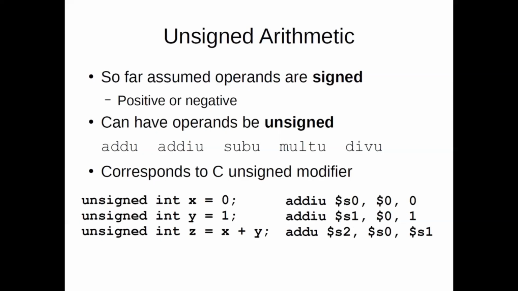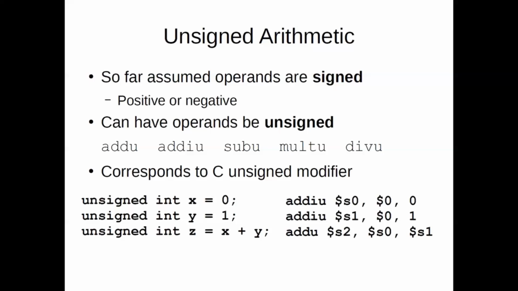In a C program, the unsigned modifier is used on a variable to declare that variable as having no sign, that is, being positive. So an integer type can be declared with unsigned int x equals 0, for example. The equivalent expression in MIPS would be addiu $s0, $zero, 0, using the addiu to initialize the $s0 register to 0.